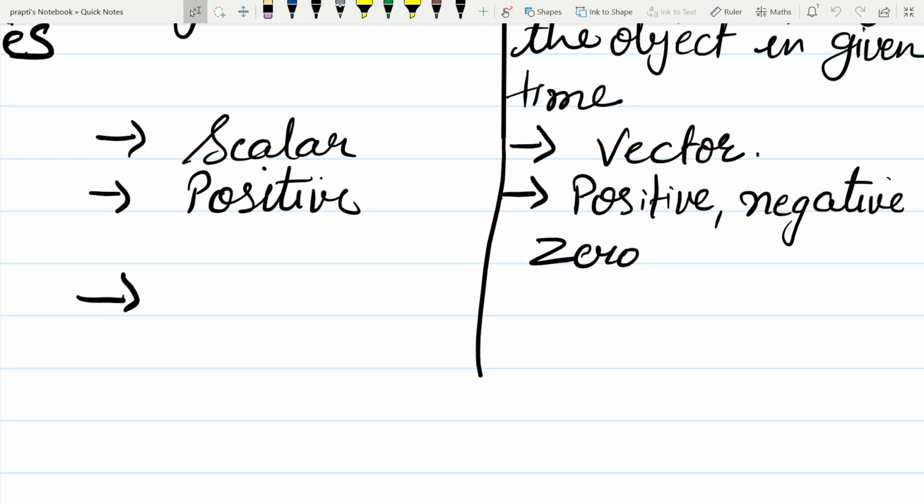Did you understand the difference between distance and displacement? You can also say that distance is always greater than or equal to displacement of the body.